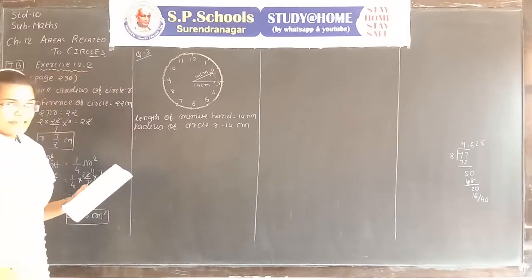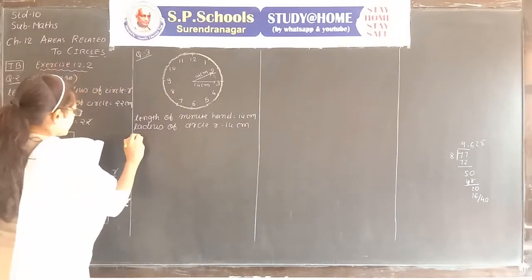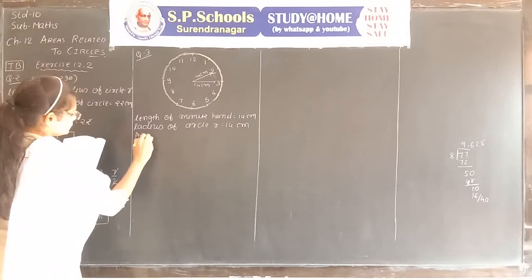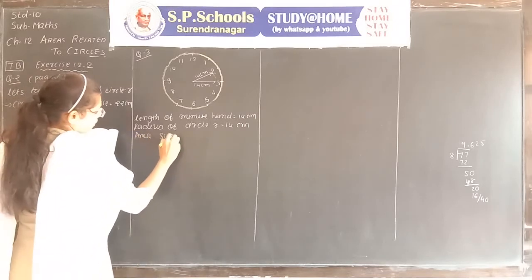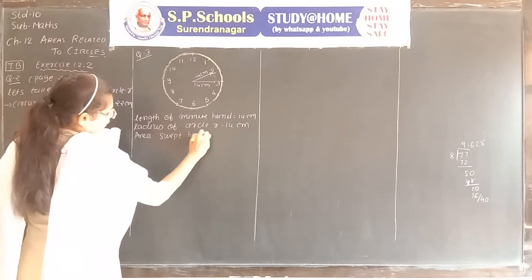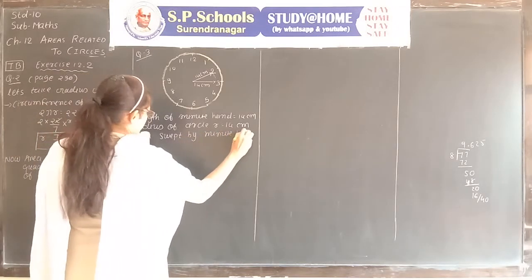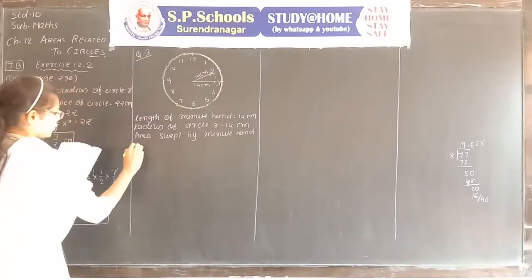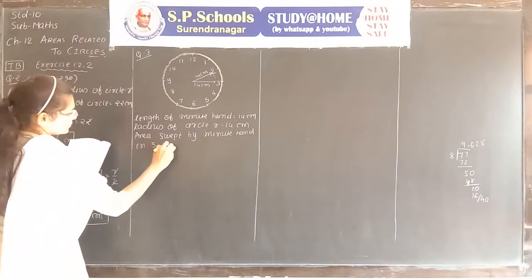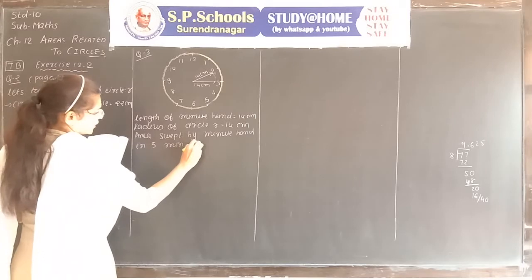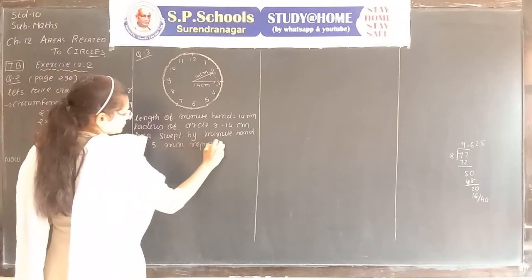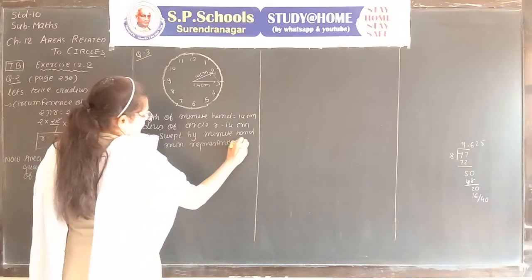Now we obtain theta. Area swept by minute hand in 5 minutes represents sector.